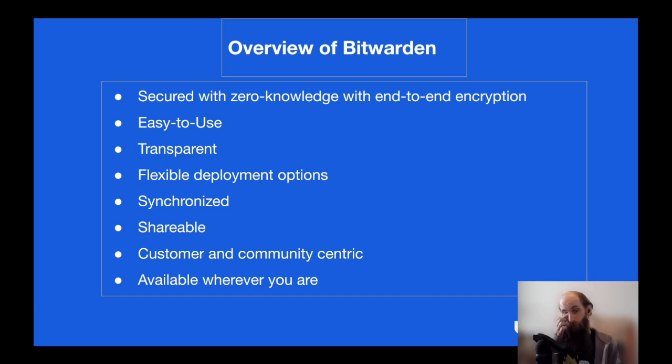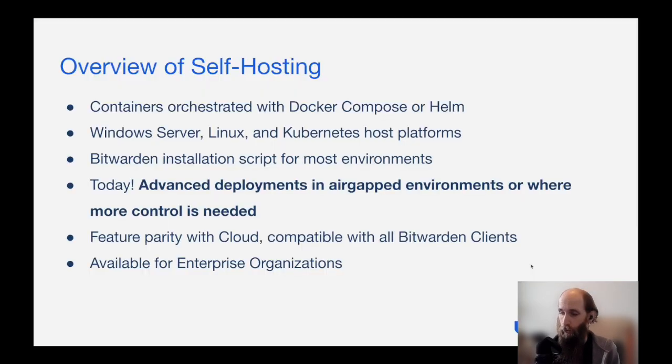What that server is doing for you is synchronizing all your data across all of those clients, so you have easy access to it wherever you are. We take an approach of community and customer centricity and being transparent. If you want to check out how the code works, please check us out on GitHub. And with that, let's move on to talk about some of the details of self-hosting.